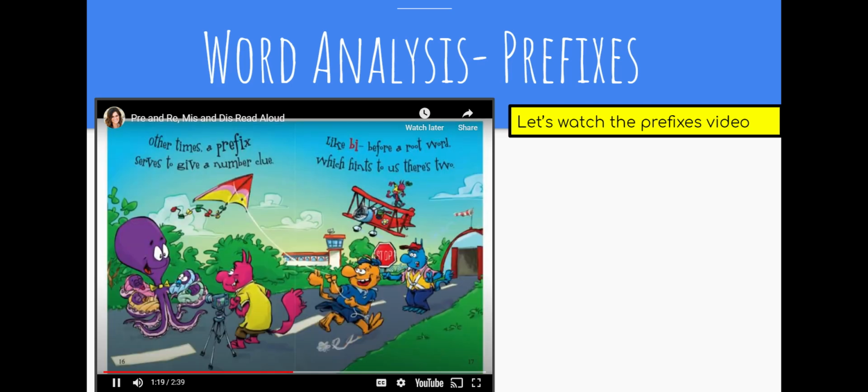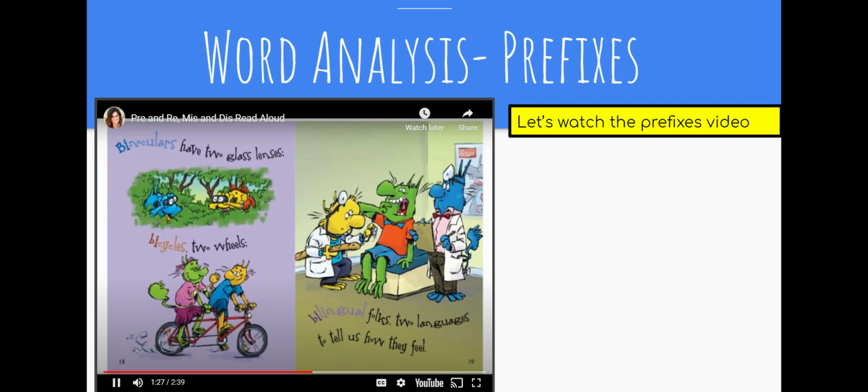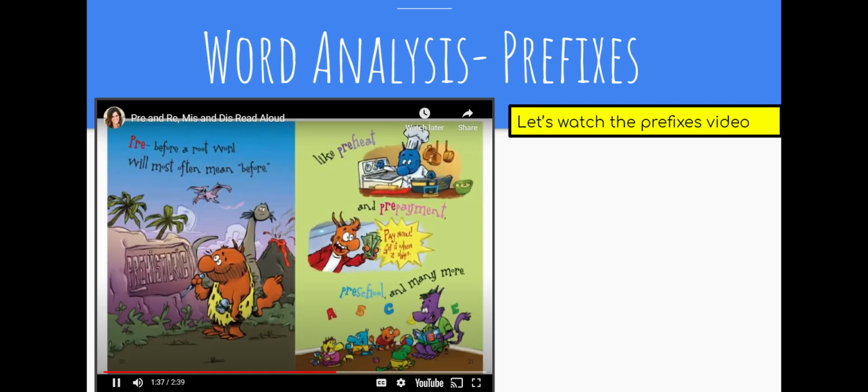Other times a prefix serves to give a number clue, like bi before a root word, which hints to us there's two. Binoculars have two glass lenses, bicycles two wheels. Bilingual folks two languages to tell us how they feel.